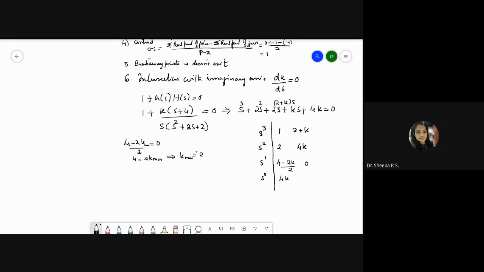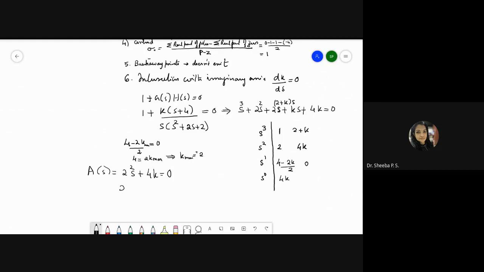Now, when this one row becomes completely 0, you have to form the auxiliary equation from the row just above that one. So what is the row above that one? S raised to 2. So we are forming the auxiliary equation for that particular row. So we'll be getting 2s square plus 4k is equal to 0. Okay. And we know k is equal to 2. So we can substitute that.